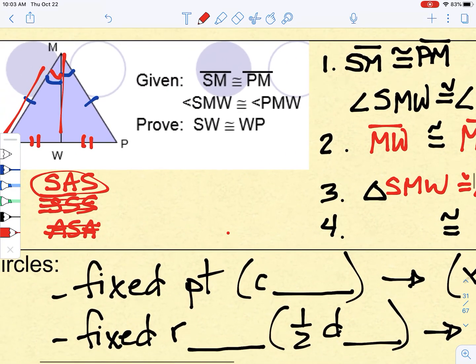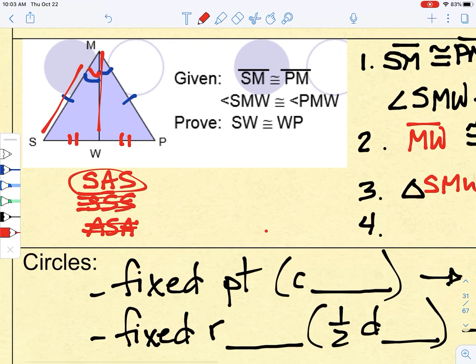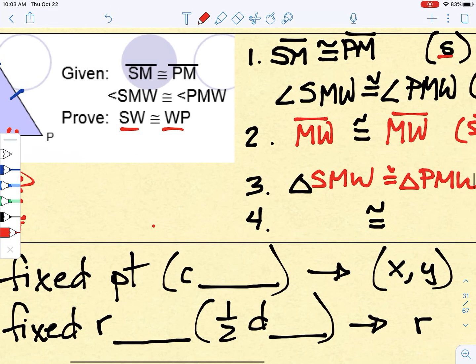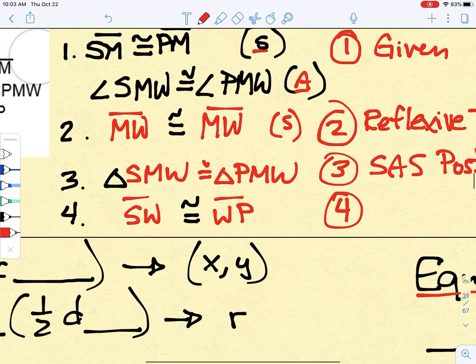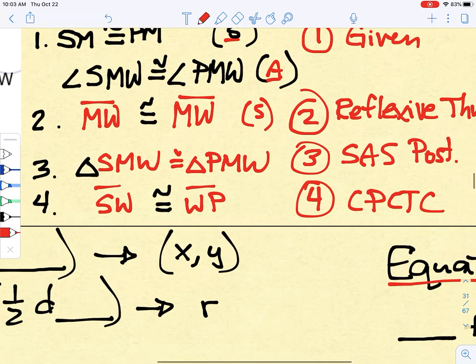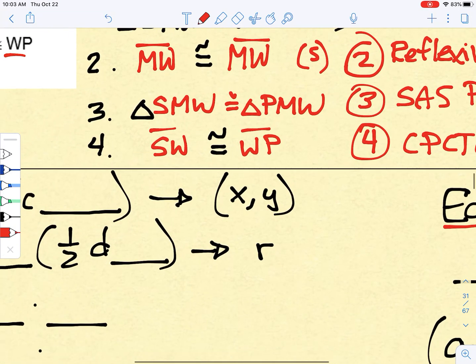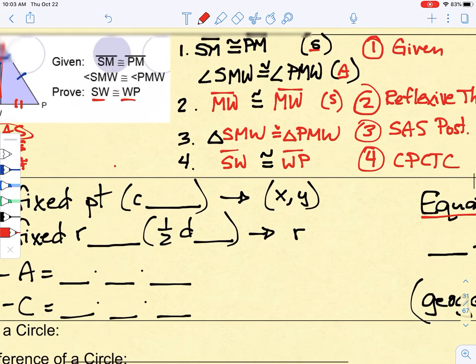All right. Number 4, now we can finally conclude. Because the 2 triangles are congruent, every side and every angle that corresponds to each other must be congruent. So we say CPCTC. All right.